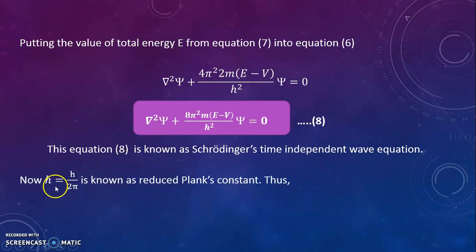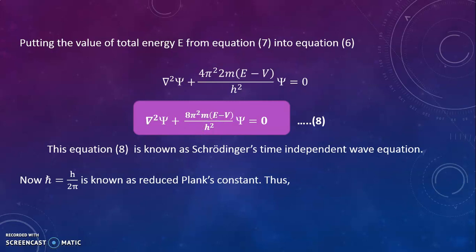Now we know the new constant h cross, which is h upon 2 pi, is known as the reduced Planck constant. So if you put this value, h cross is h upon 2 pi, then h cross square will be h square upon 4 pi square. If we adjust here 4 pi square upon h square, in that position we can write h cross square.